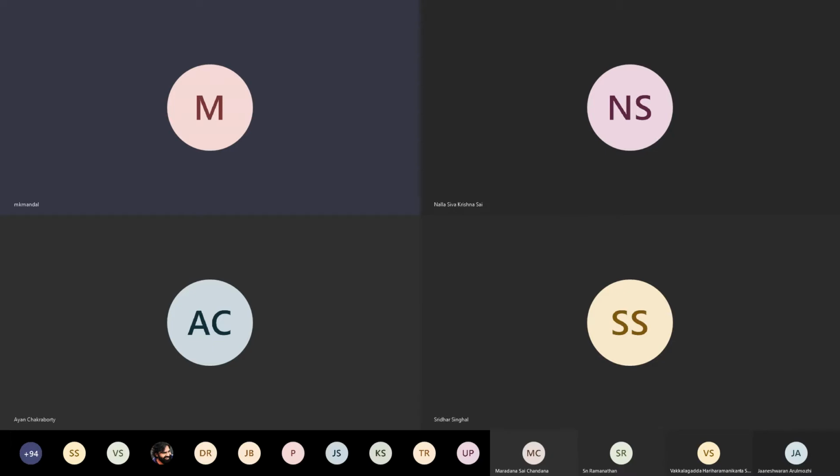So in general, then we can comment that a half wavelength resonator supports both even and odd harmonics. Okay, this part is clear.